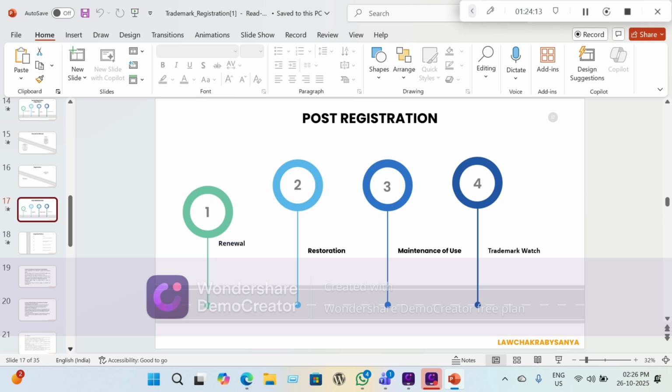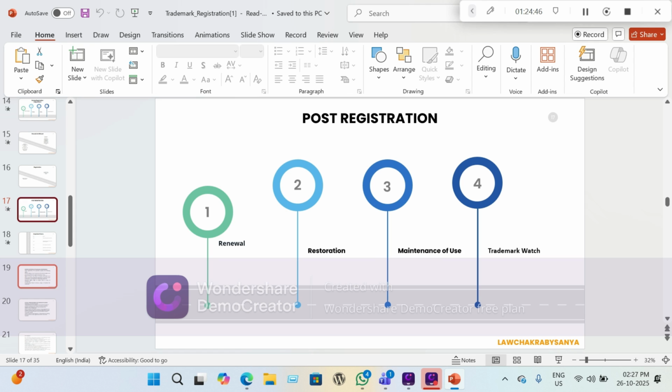For that, you have to be very, very proactive. A lot of the big clients with big brands usually do go for this service. But if a lot has gone into building the brand name, and your client's entire business relies on that brand name, and you've gotten that registration after so much hard work, you must conduct trademark watch to ensure that it is not infringed upon, and take proactive steps to prevent any infringement.